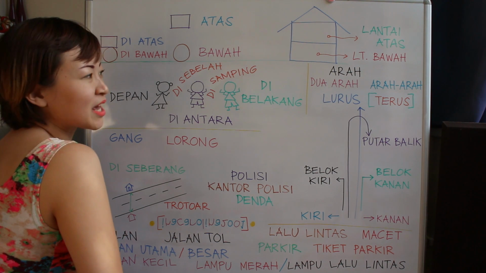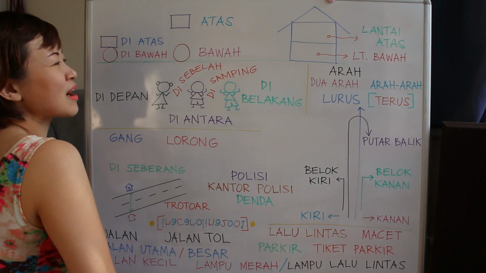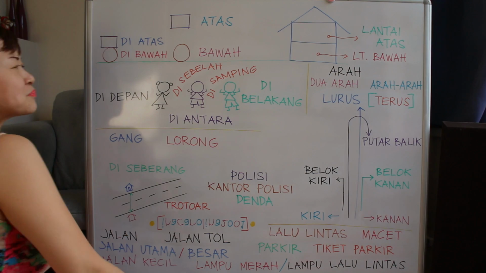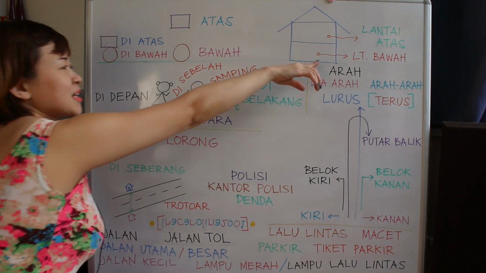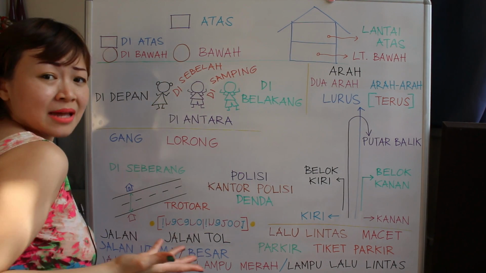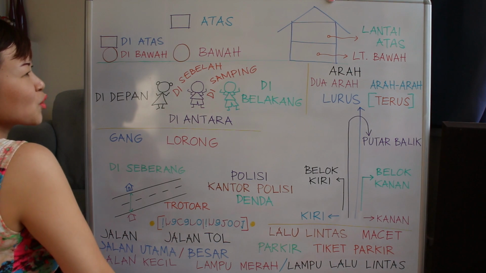Of course, you don't say LT atas, LT bawah. You don't pronounce it. Even though it's written LT, you just say it as lantai, or floor.